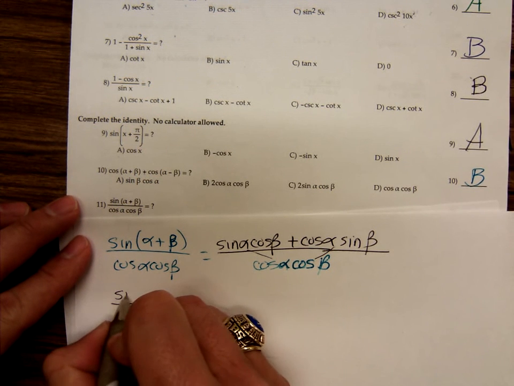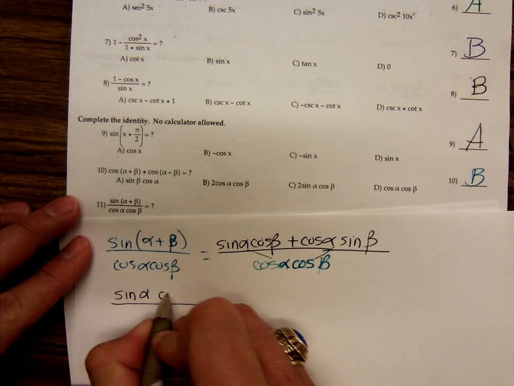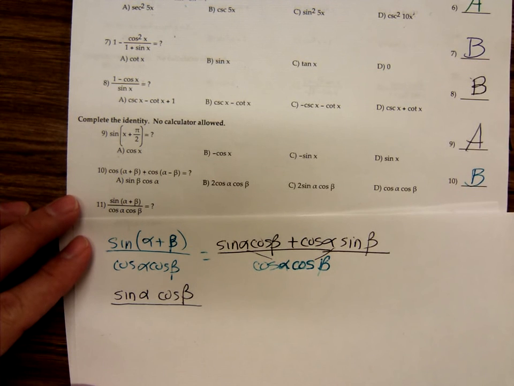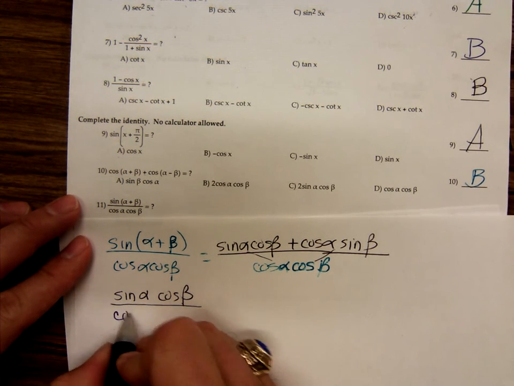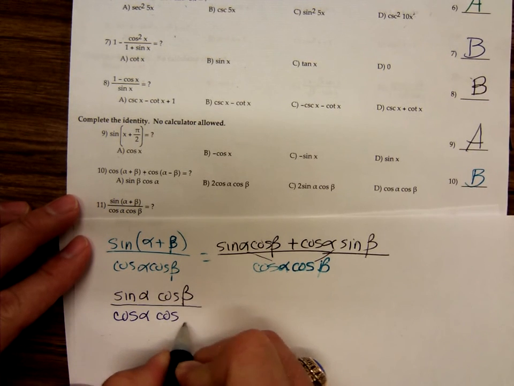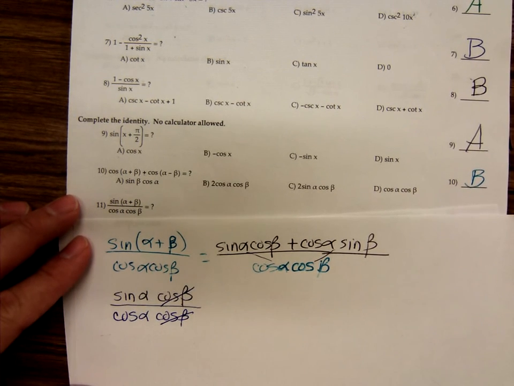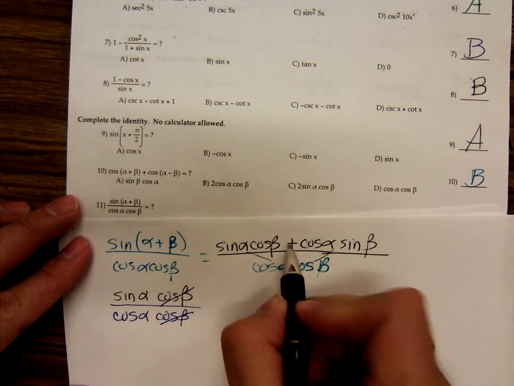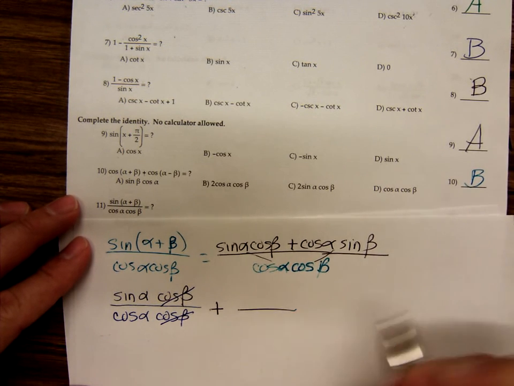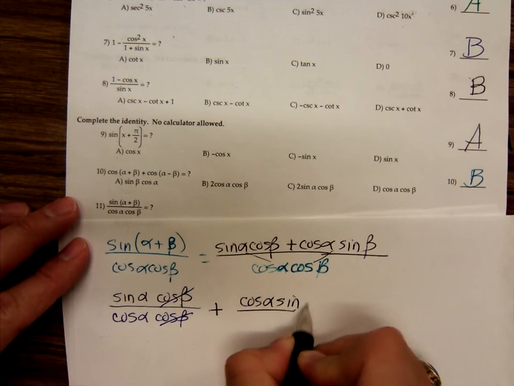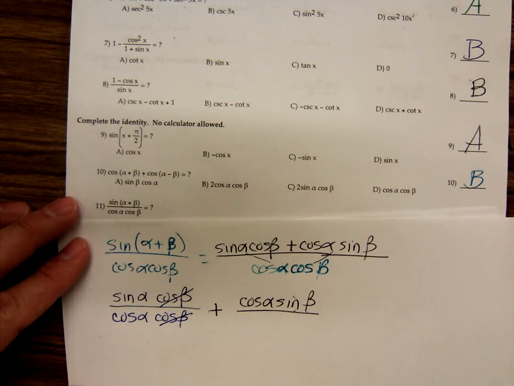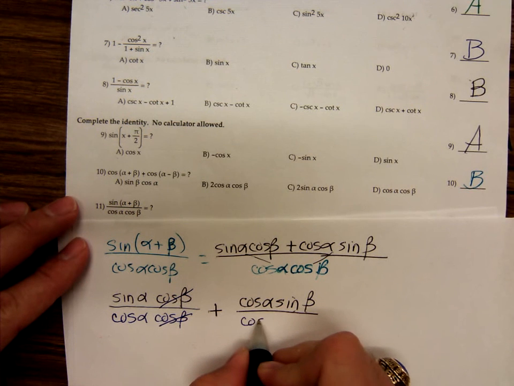Sine alpha cosine beta over cosine alpha cosine beta, then plus cosine alpha sine beta over cosine alpha cosine beta.